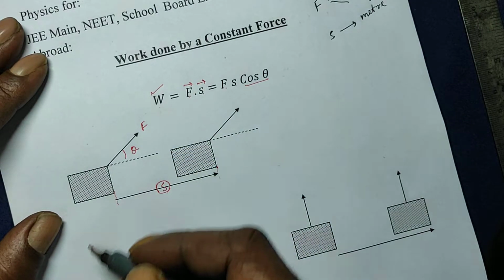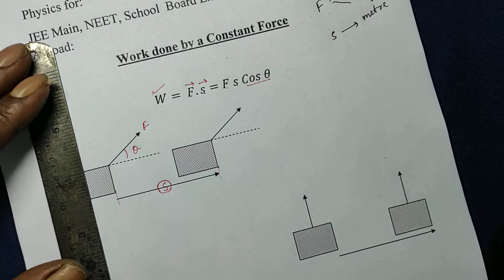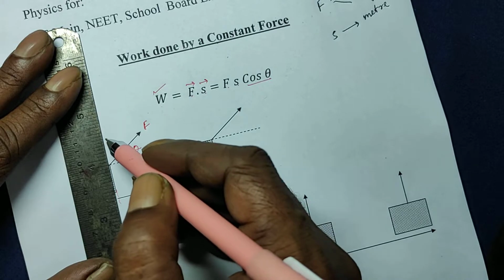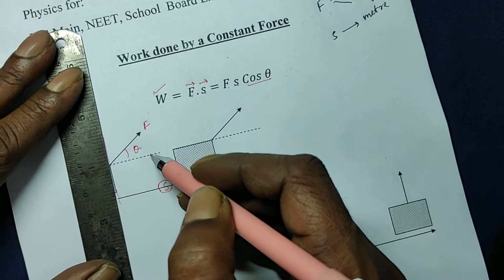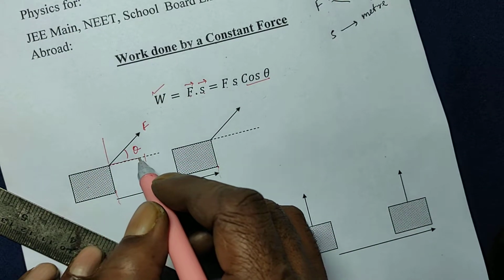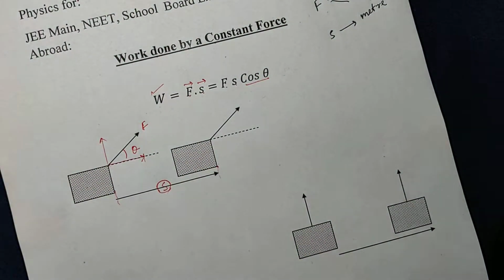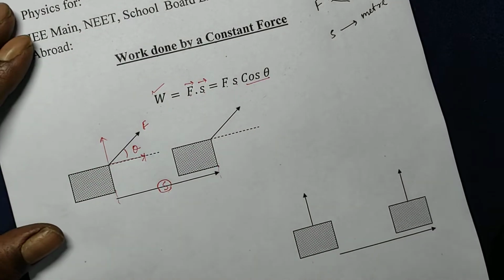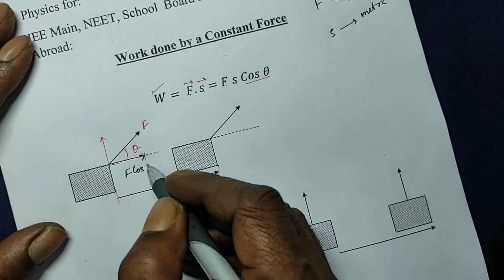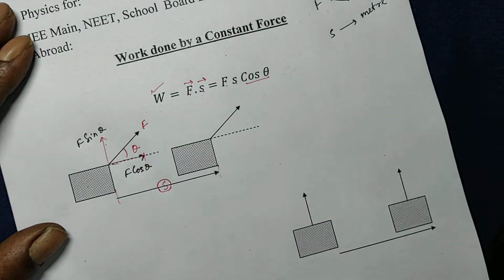Now, as you know, the rectangular components of a vector in a plane: if you look at this F, if you resolve it into rectangular components, one component will be this, and the other component will be from here to here. All of you are aware of how to find these, and this will be F times cos theta, and this will be F times sin theta.